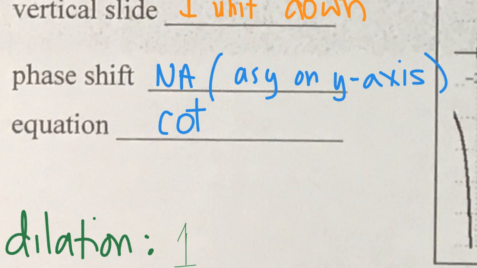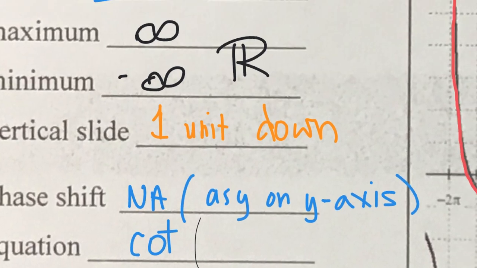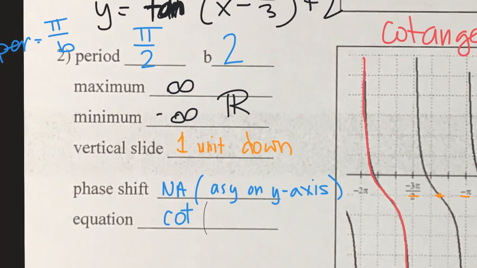Okay, cotangent of, since we don't have an asymptote, we don't have to put parentheses, but I'm going to just for fun. Our b value is 2, so 2x, right? You do not need parentheses around 2x, but if you want to put it, it is fine. And then minus 1 because we've gone 1 unit down. So 2x minus 1. The cotangent of 2x minus 1.